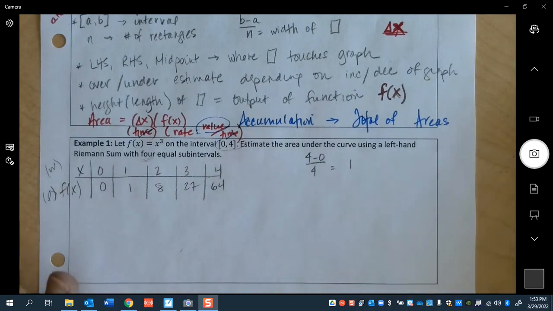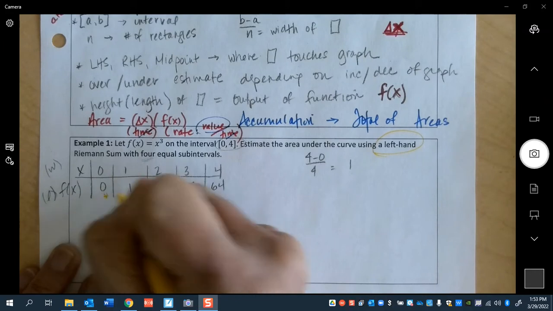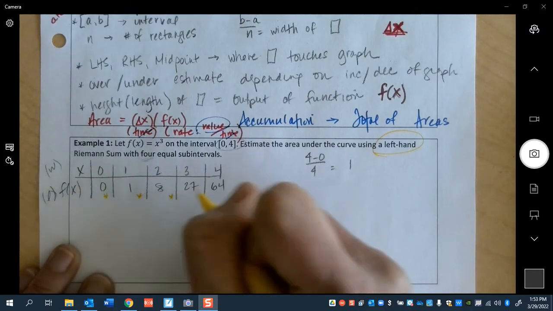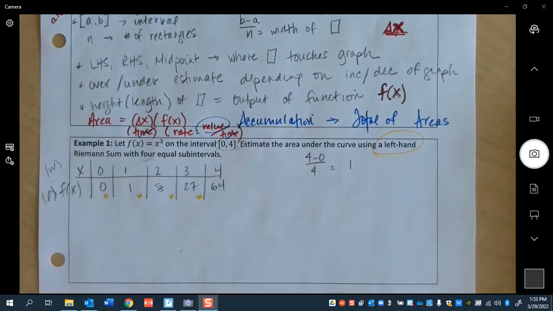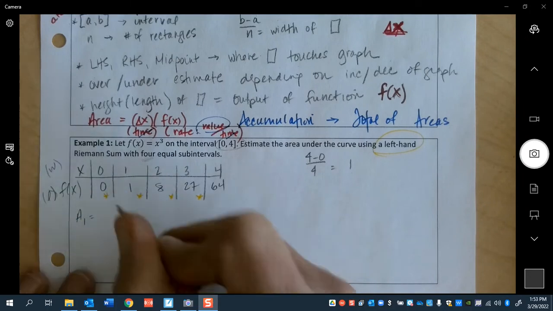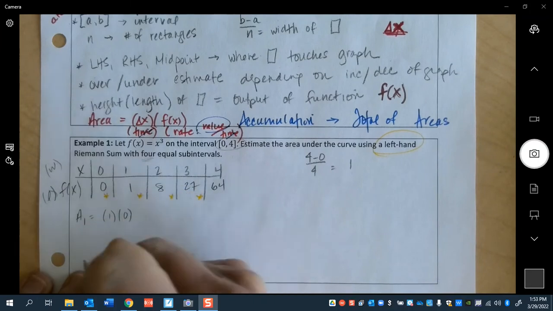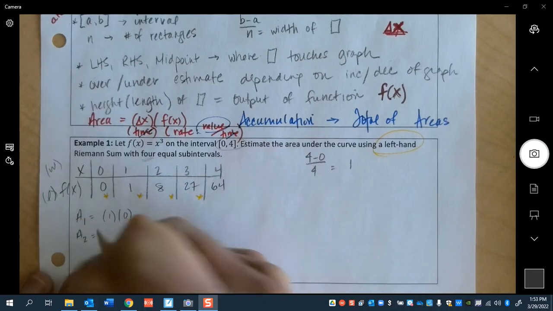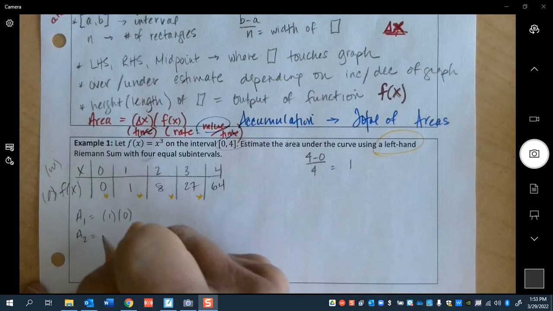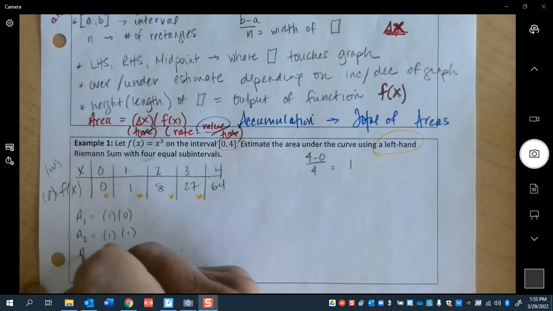Since they want me to use a left-hand sum, I'm going to use the left-hand intervals for each of my rectangles. So my area of rectangle 1 is going to be my width, which is 1, times my height. My area of rectangle 2 is going to be my width, which is 1, times my height.